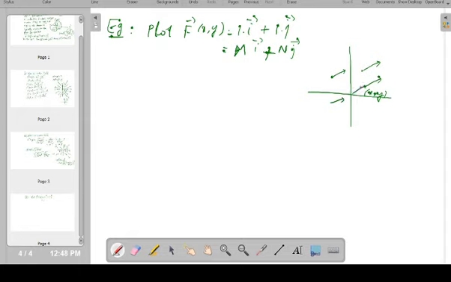At 0 also you plot this vector. So this is an example of a constant vector field. Constant vector field means m and n are constants.